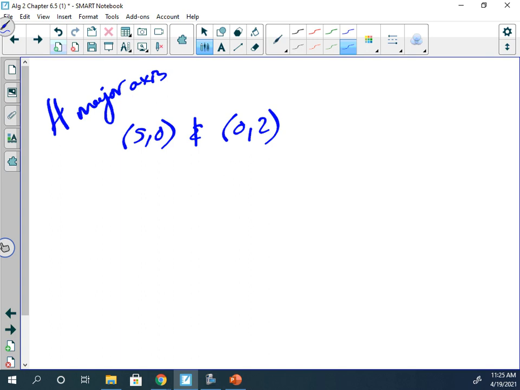So the major axis is along the horizontal. So our center is at 0, 0. 5, 0, 0, 2. Well, here A would be what?